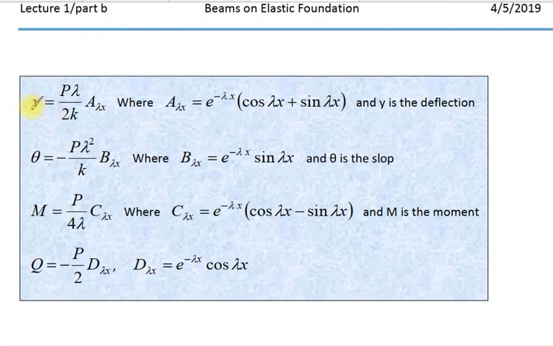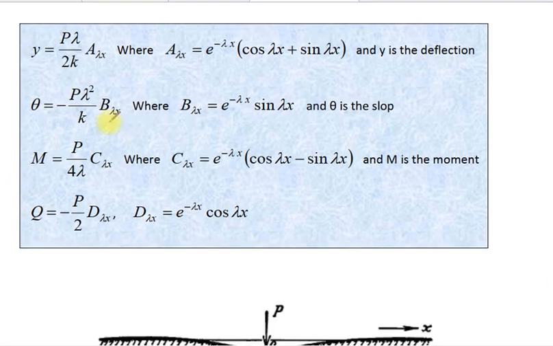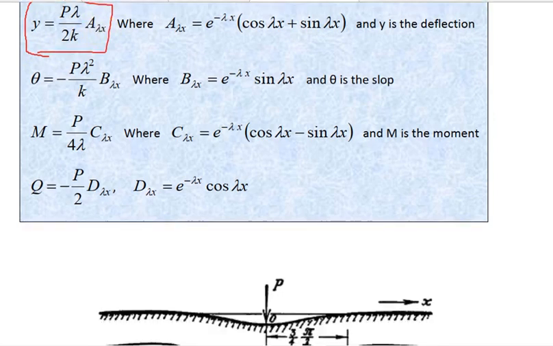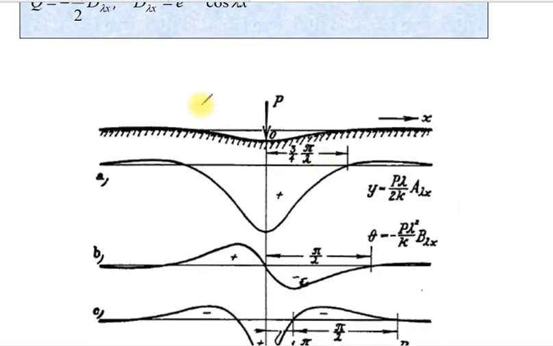Now we can use the deflection equation, the slope equation, moment equation, and shear equation to draw deflection, slope, moment, and shear along the beam. For example, we can use the first expression of deflection, P lambda over 2k A lambda x. Generally, we can get the following shape.